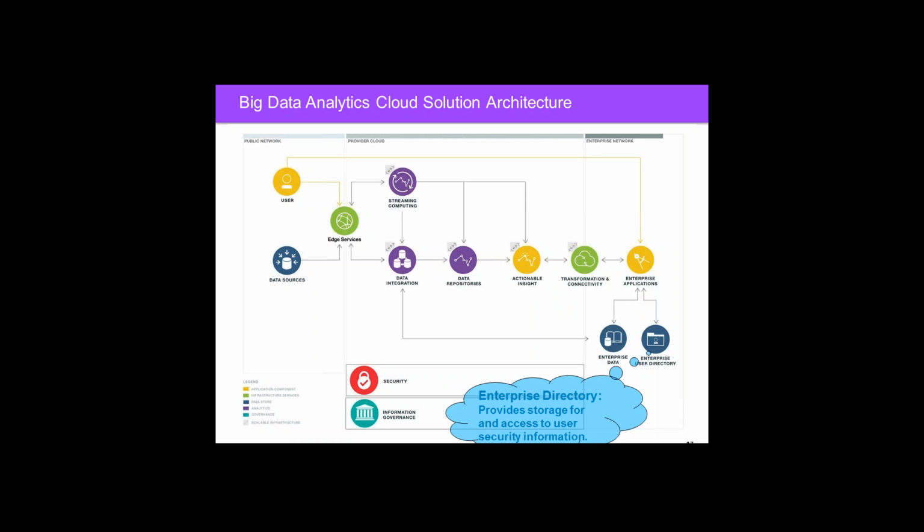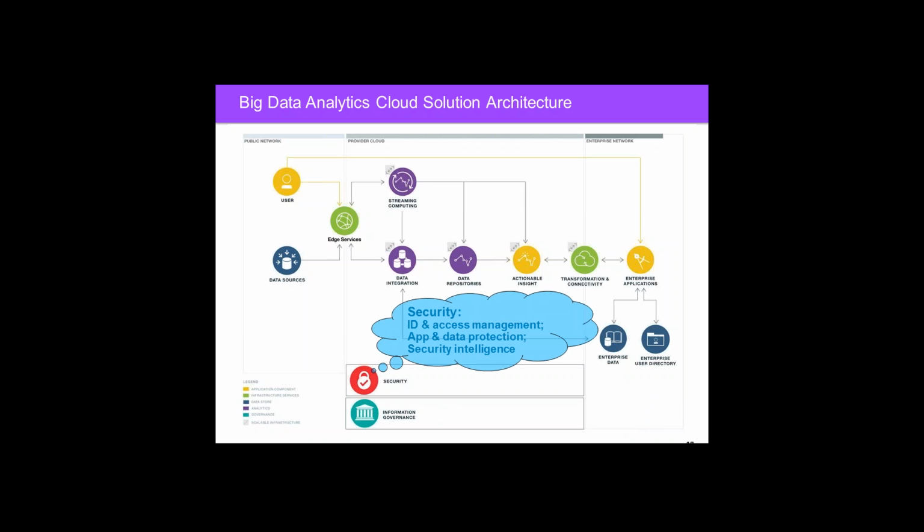So things such as the enterprise LDAP that has authentication and authorization capabilities, so that when the users do log in and use the resulting application and the analytics, and these may be users not just within the boundaries of the enterprise, but users such as the business partners, they will be authenticated against the enterprise's LDAP for establishing veracity, whether these users are actually allowed to access this data and analytics or not. Next slide, please.